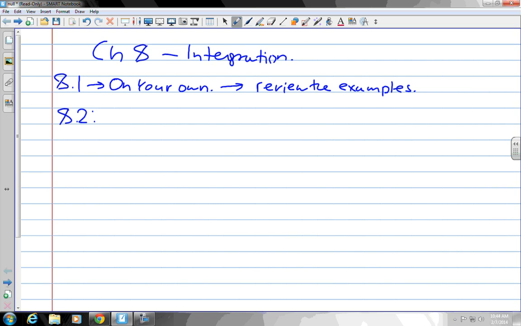You're trying to go backwards. Now, in section 8.2 that we call integration by parts, we will try to reverse the product rule, okay, in a kind of a sneaky way.